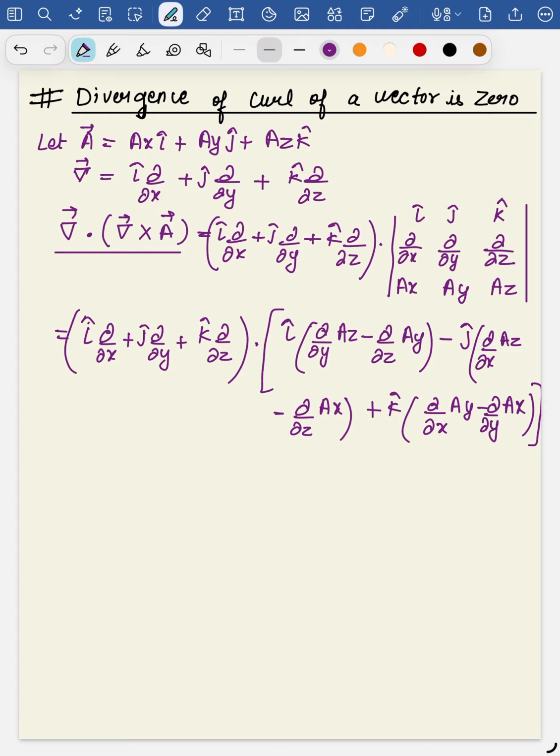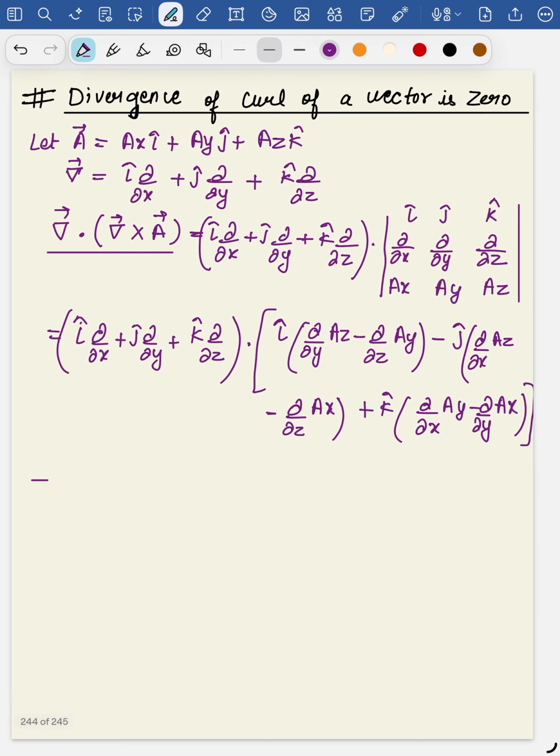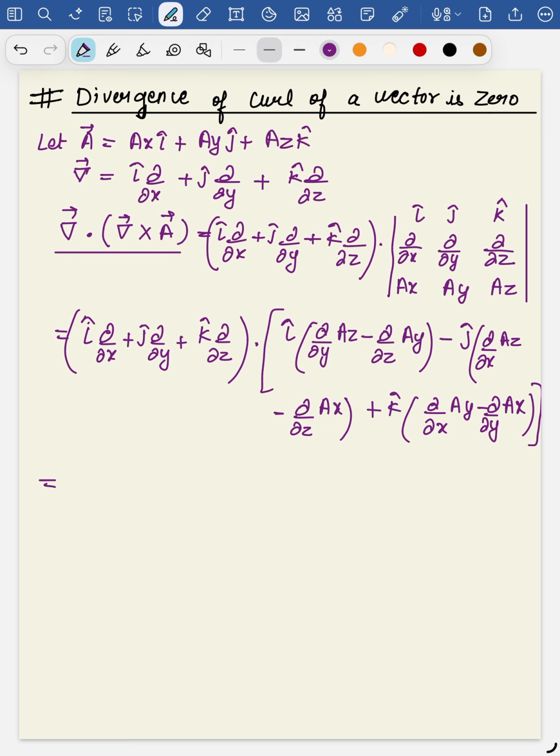So as we have to do the dot product here, only the component of i will be multiplied, as i dot i, j dot j and k dot k will be 1, and i dot j, j dot k and k dot i will be 0. So only the component of i with i will be multiplied in the dot product.